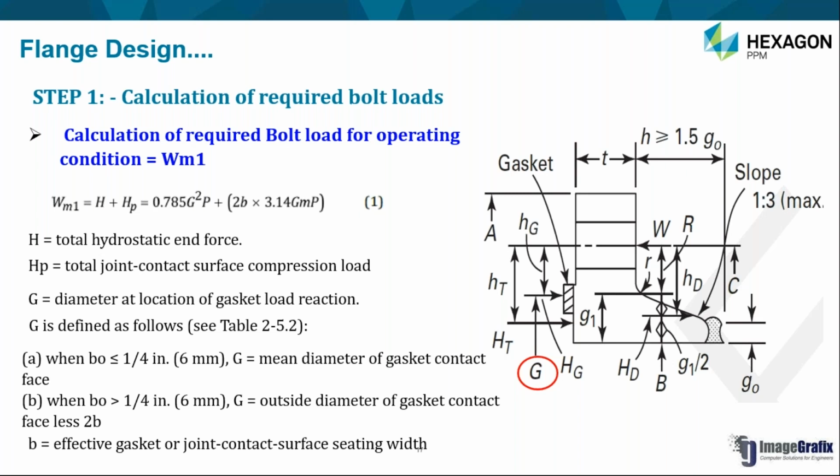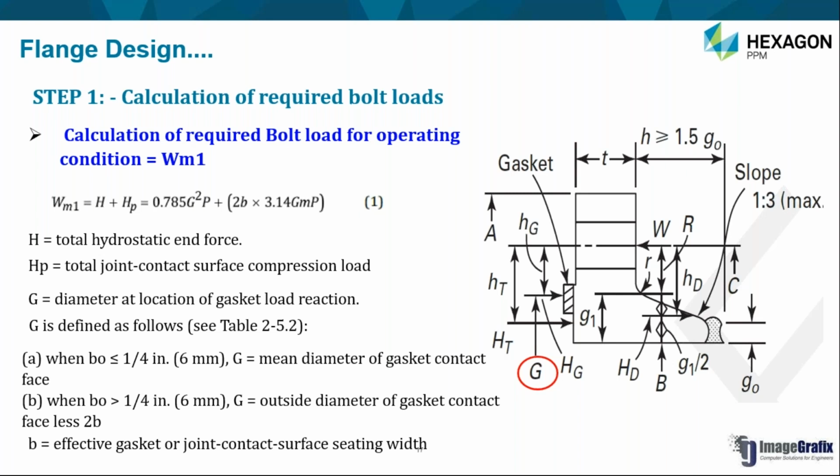Plus the joint contact surface compression load. The gasket has two sides, so the compression load comes on both sides of your gasket, and it is faced by the effective width of the gasket. The area would be pi G multiplied by b, and we multiply that area with the pressure. Since it has two sides, 2 is used as a multiplier.